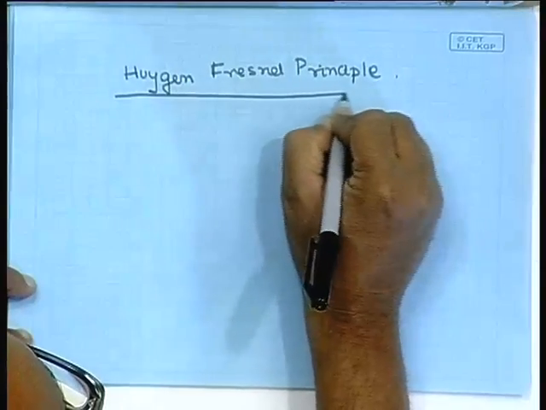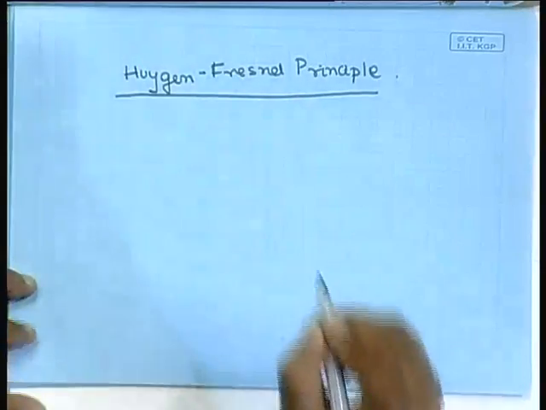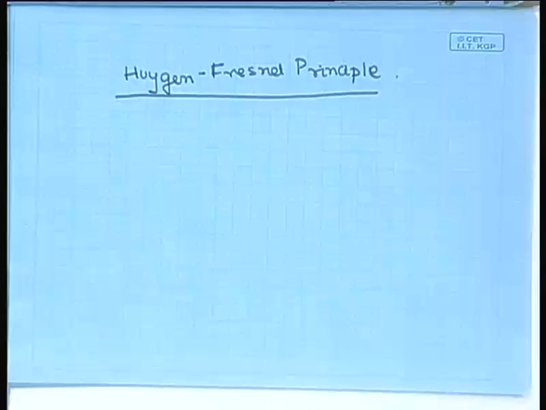So, we shall refer to it as the Huygens-Fresnel principle. It is a heuristic approach. It tells you a prescription for how to solve such problems, and this can be done in most situations, and this gives us a handle to tackle these problems. So, let me discuss the Huygens-Fresnel principle.